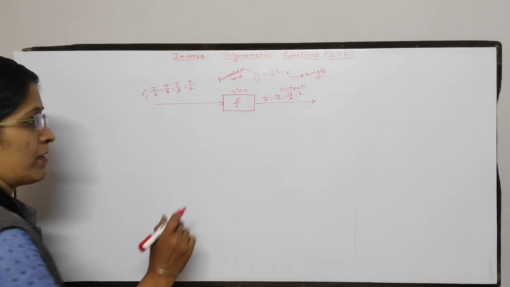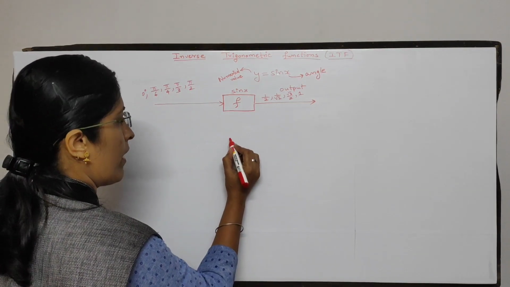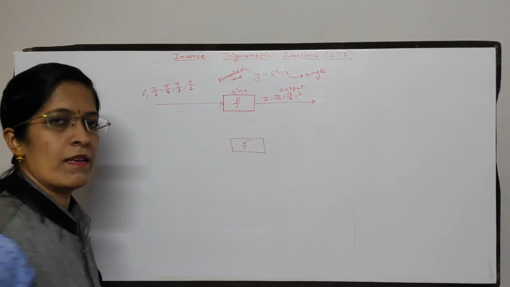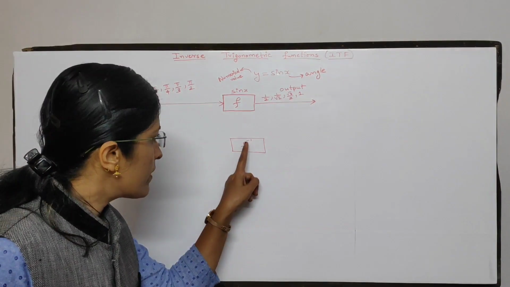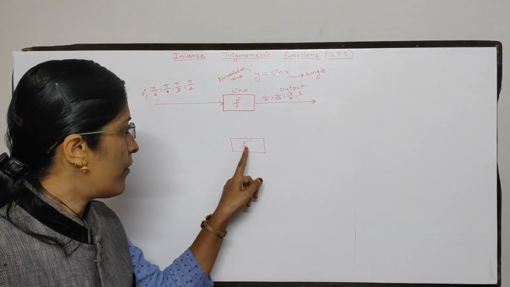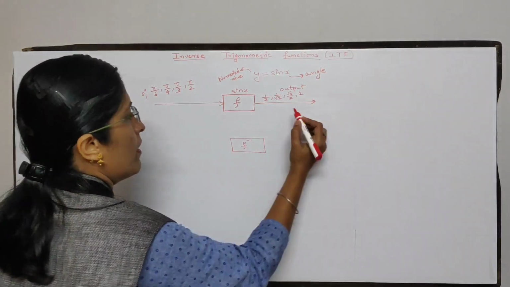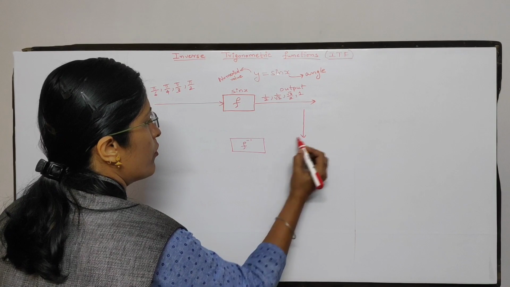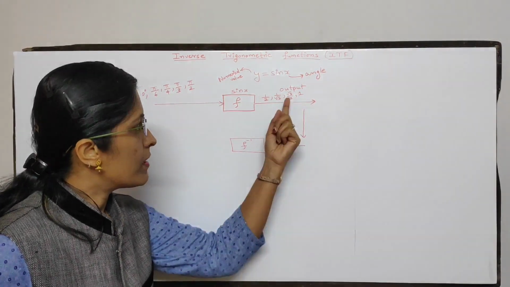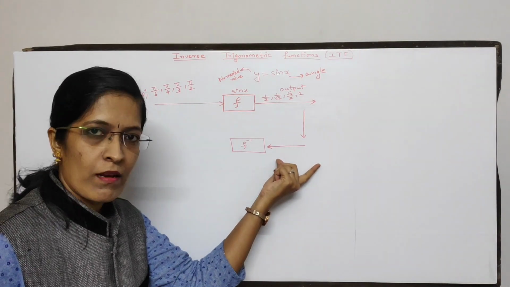Now in inverse trigonometric functions, what happens is we have a box and our function is f inverse. Whatever symbol I am writing here is called the inverse symbol, f inverse, and whatever output we had before becomes the input here.